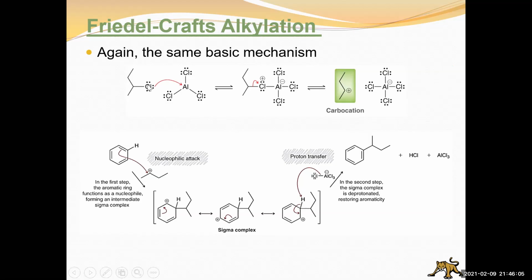So in the first step, we've made the carbocation. And then we can have it do the electrophilic aromatic substitution where the cation comes down here. It's the electrophile. Now, you don't call this electrophilic attack. They're still calling it nucleophilic attack, but it's coming after the electrophile. It's just the way they call these things, right?